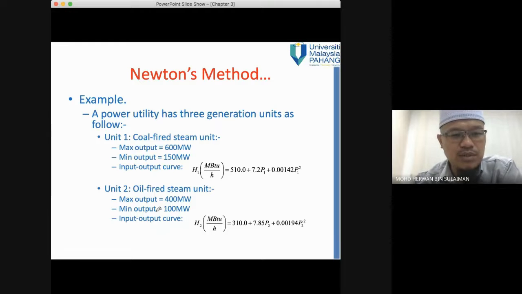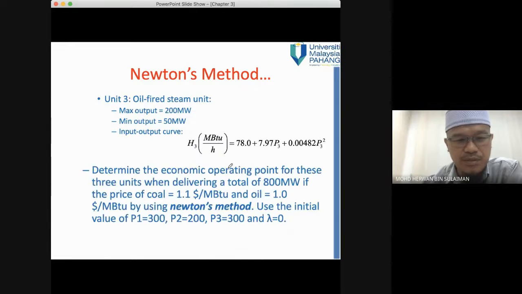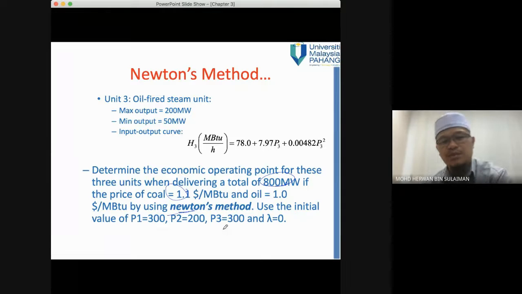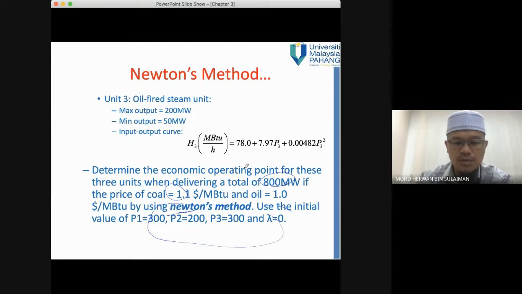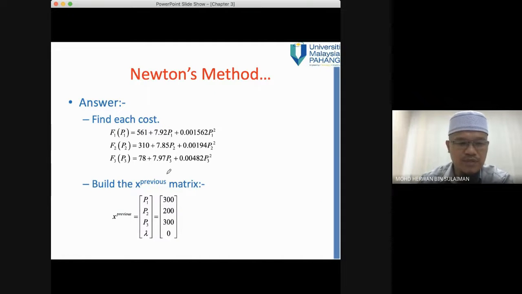Okay, a power utility has 3 generation units as follows. So you ada 3 sama. This one is heat rate curve, so darab dengan unit price. So load 800 sama. So using Newton method, you get the P1, P2, P3 dengan start lambda kosong. This value. So just put everything.